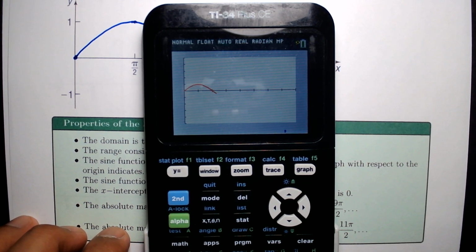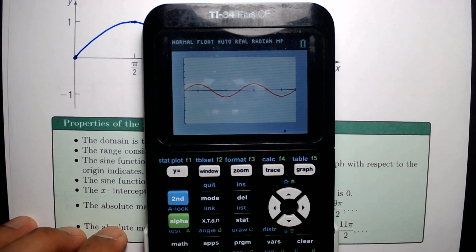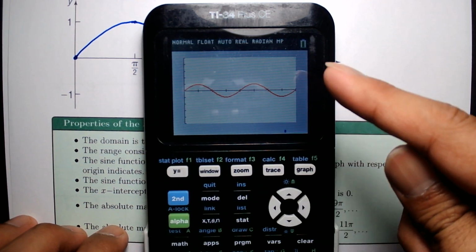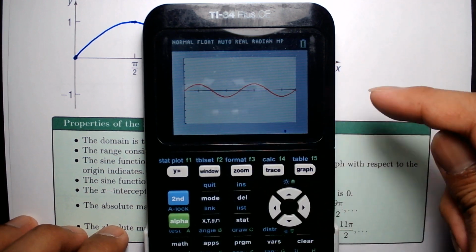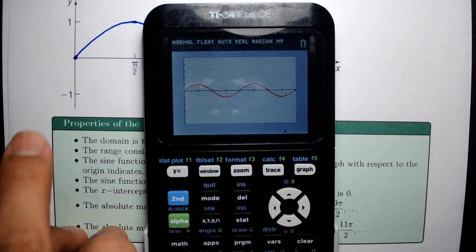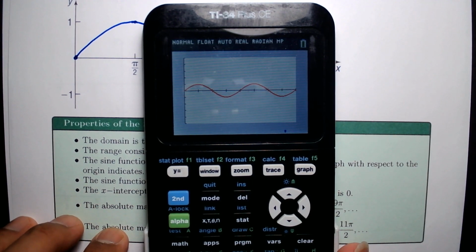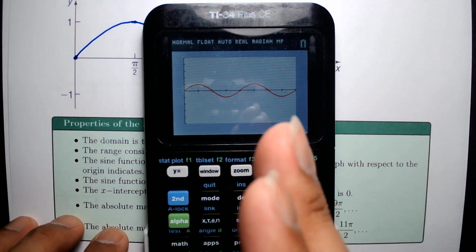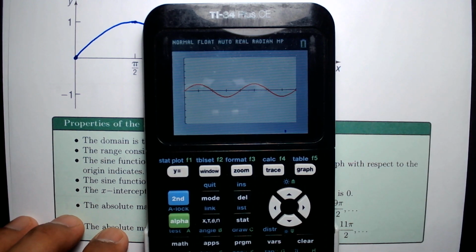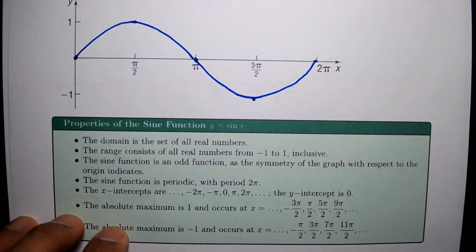It's going to graph one period, another period, and so on. It's going to go on oscillating forever in the positive direction as well as in the negative direction. Here I have a different window, and it only shows the right side of the Cartesian plane.